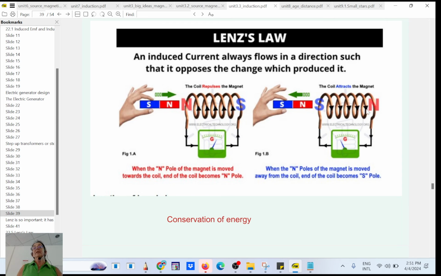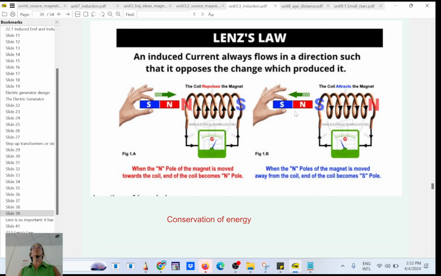So why is it happening? Because since now it's the north, you have to push. You have to do work. And if you want to remove it, that means the number of lines are going to decrease, and you also have to pull. So that way, you do work.